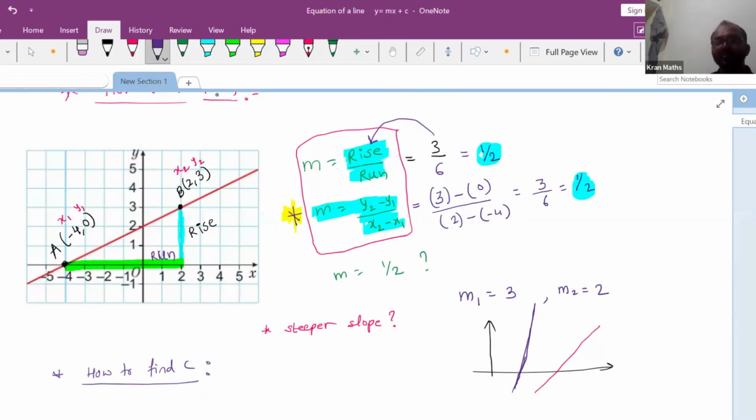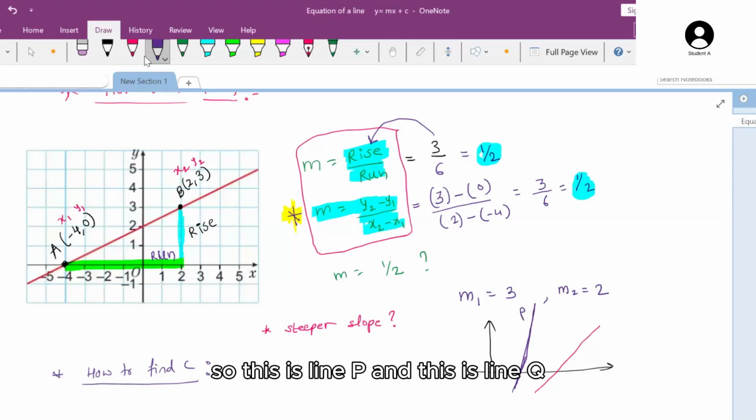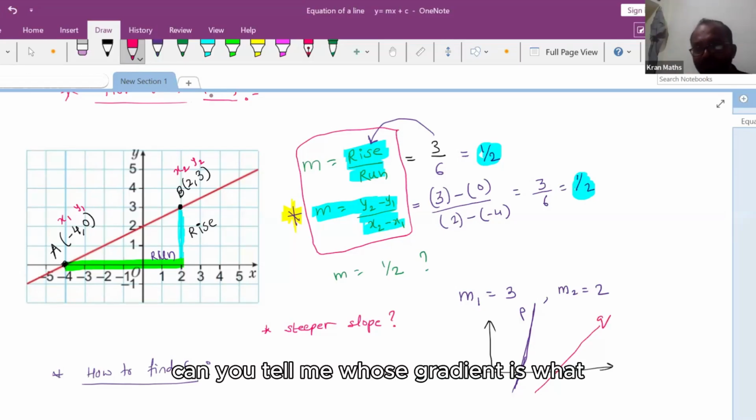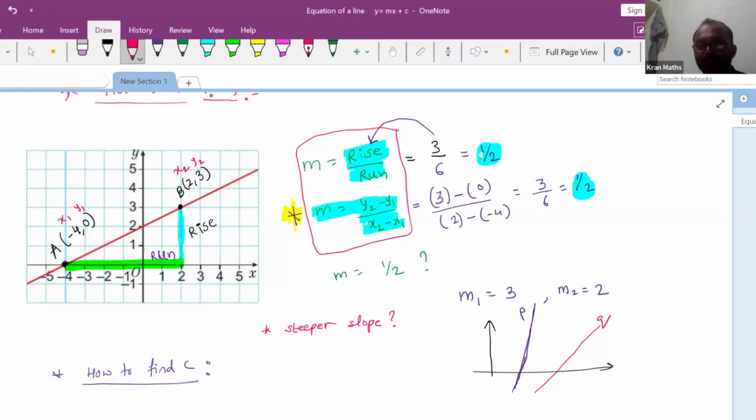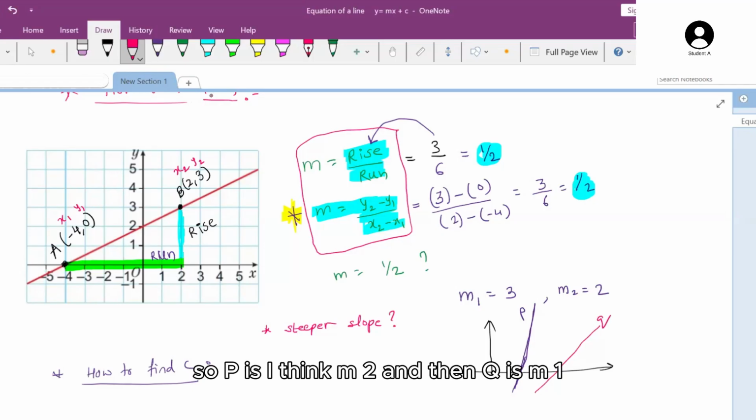So this is line P and this is line Q. Can you tell me whose gradient is what? You just have two options: the gradient is either 2 or 3. So P is, I think, 2 and Q is 3.